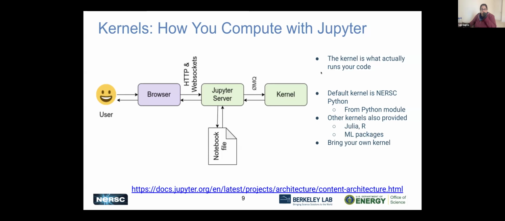Okay. So another thing is, we provide quite a few kernels. The kernel is the thing that's running your code on the back end. For example, if you set up a specific environment, like a Conda environment where it has all of the packages that you need, that is something that you can use in your Jupyter by setting up a kernel in a kernel spec.